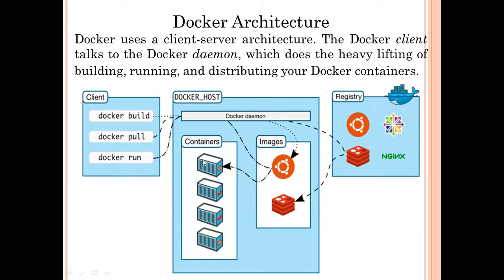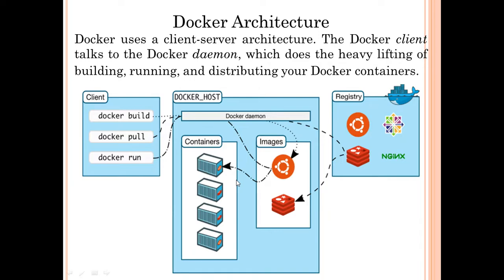But if you want to work on a remote basis, meaning your Docker is installed on a separate system located at a far place, and you are sitting at some other place and want to run those containers, we connect this client with the Docker host by using protocols such as REST and SOAP.